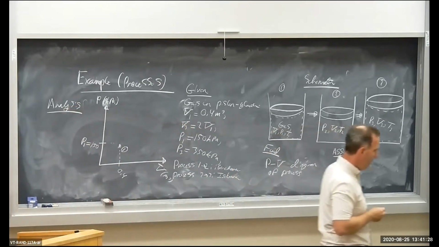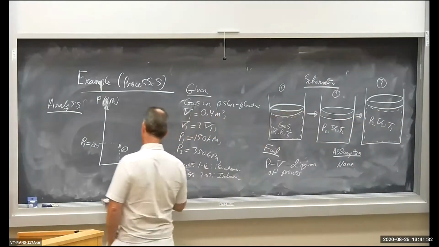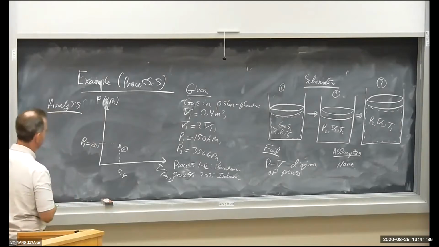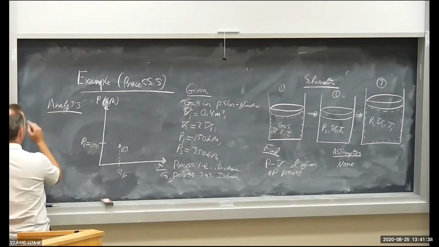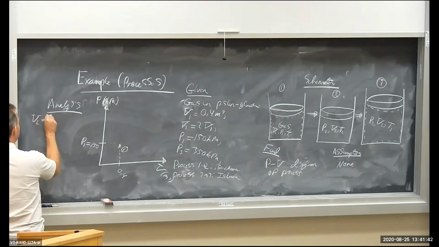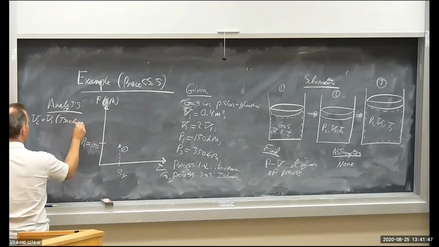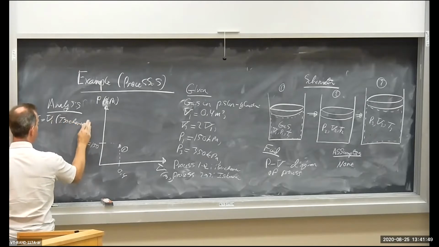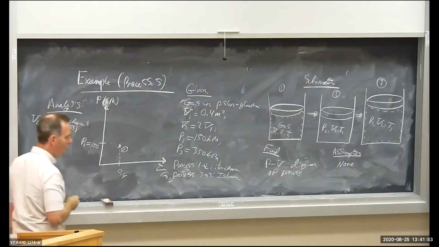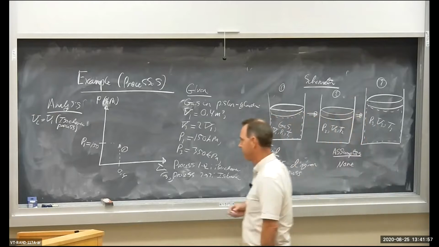All right. Now we're told process 1 to 2 is isochoric. Isochoric means constant volume. So I'm going to write right over here, V2 is equal to V1. Why? Because it's an isochoric process.